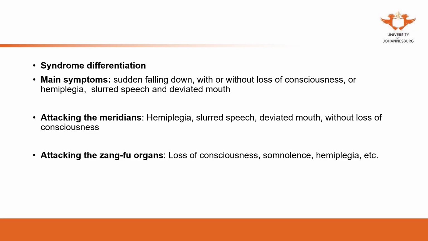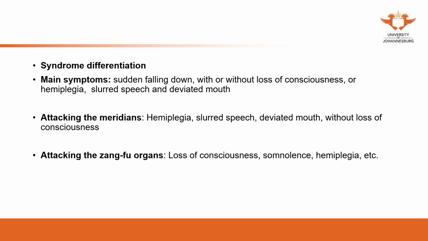In acupuncture, we separate stroke into two categories, attacking the meridians and attacking the zangfu organs. This differentiation was developed in the Shanghan Zabing Lun, where the author Zhang Zongjing divides the stroke into these two aspects.